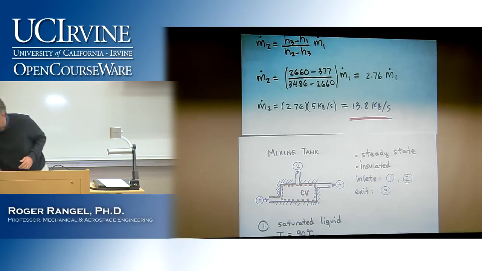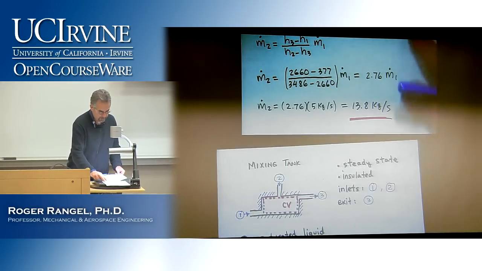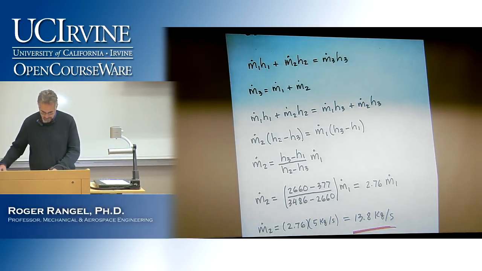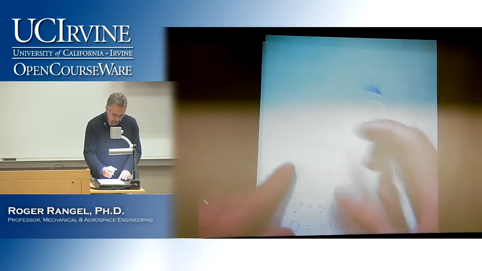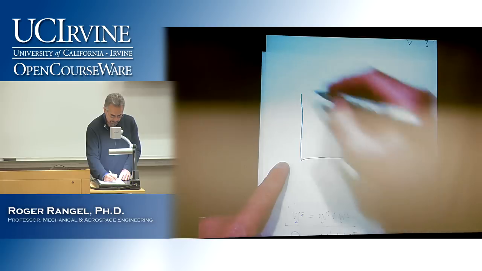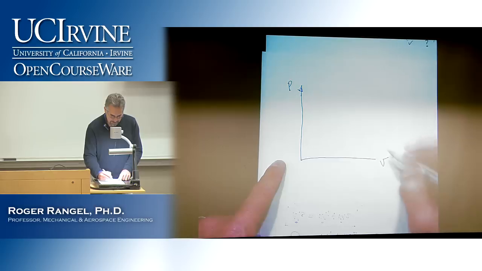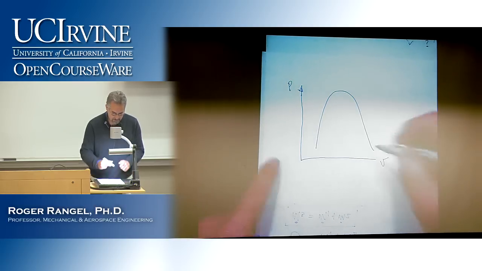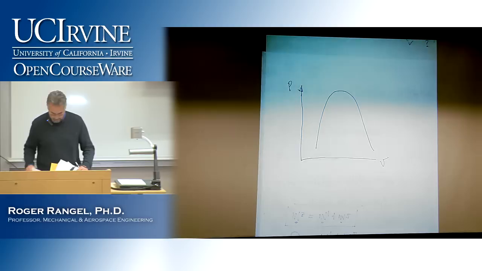If you put it in a diagram, then you don't really know exactly how the mixing takes place, but I could do a PV diagram, and all I can do in this diagram is put all the states.